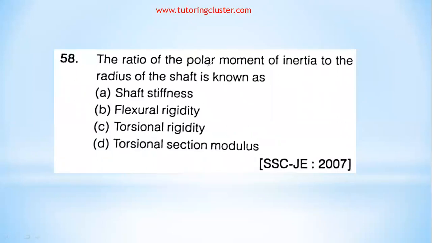The ratio of polar moment of inertia to the radius of shaft is known as? So the ratio of polar moment of inertia IZZ or J divided by the radius of the shaft R is called as what? It is called as section modulus. Okay, torsional section modulus.